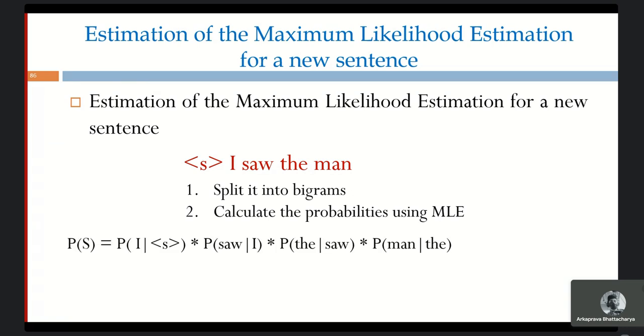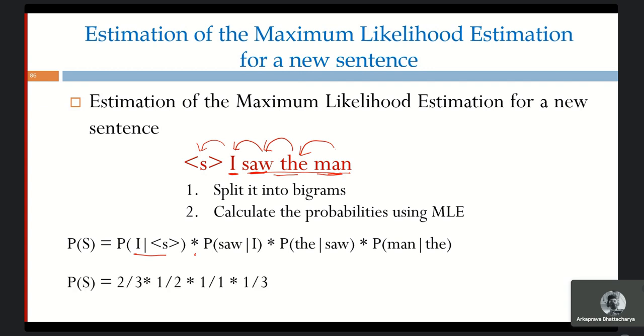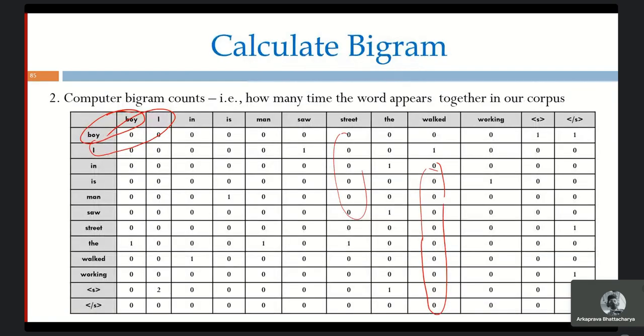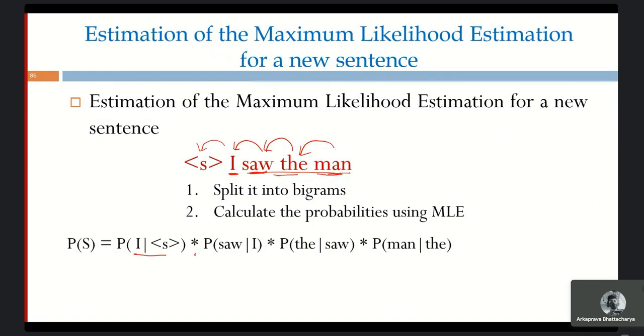The probability of the whole sentence is the probability of I given the start of a sentence, times the probability of saw given I, times the probability of the given saw, times the probability of man given the. From the tables, the probability of I given start comes to 2 by 3.